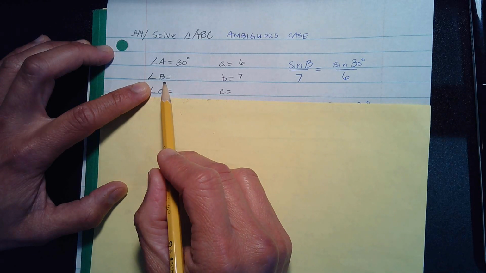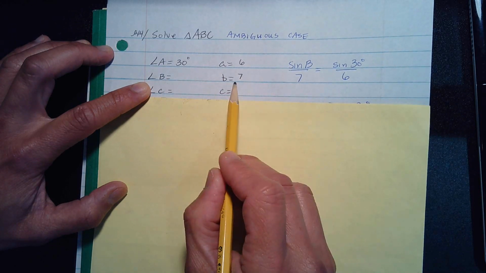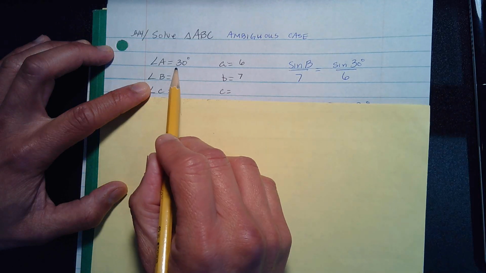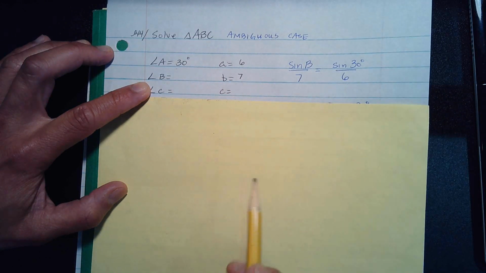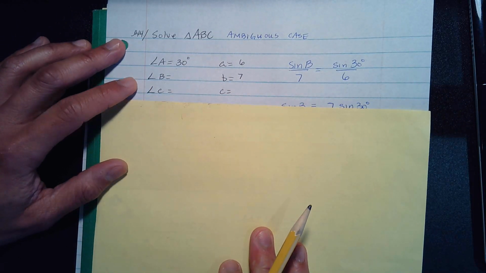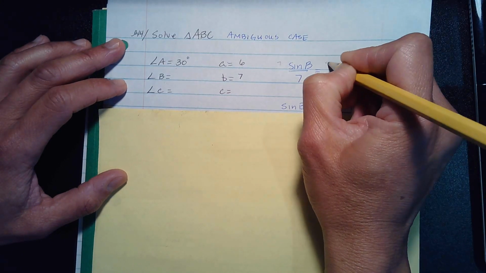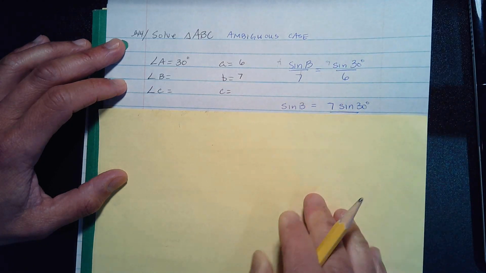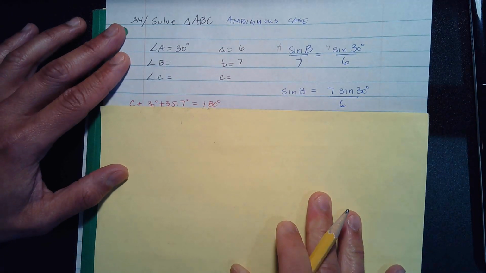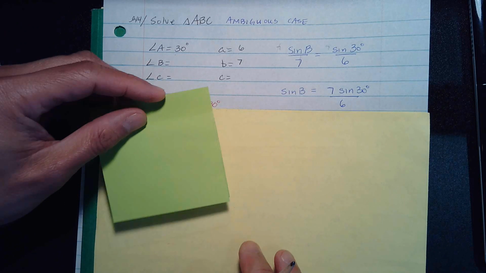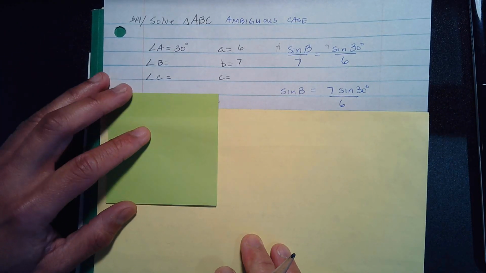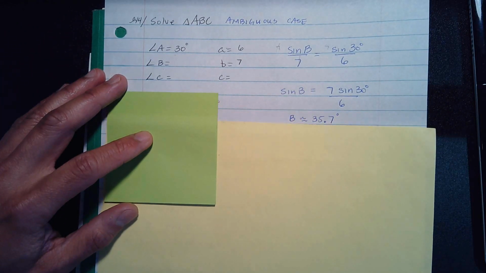So sine B over side B equals sine A over side A, just like the law of sines. So multiply by 7 on both sides. That reduces. So now we have sine B equals 7 sine 30 degrees over 6.